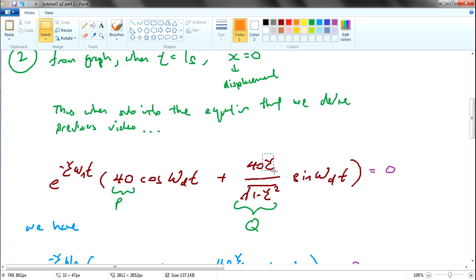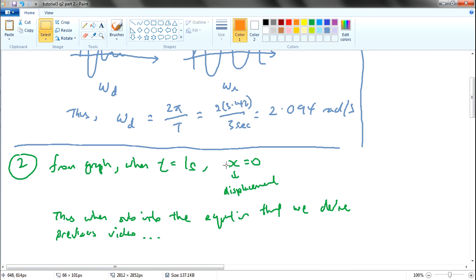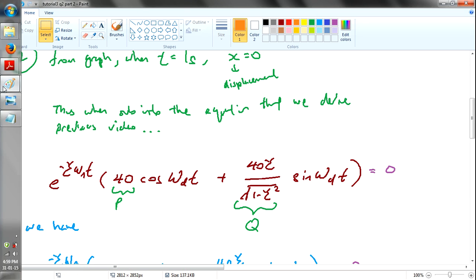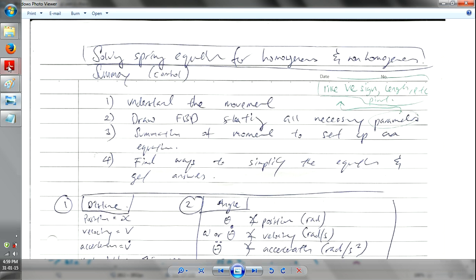We already know our ωD, which is this one over here. So the problem now is only the damping factor. Once we find this, everything is happy. Why do I say so?